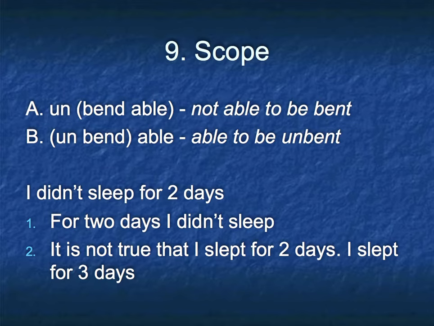We can see another example of this with "I didn't sleep for 2 days." Again, there's an ambiguity here. There are actually two potential propositions. The first one: for 2 days I didn't sleep. Wow, that's a long time. And in the second one, it's not true that I slept for 2 days; I slept for three days.